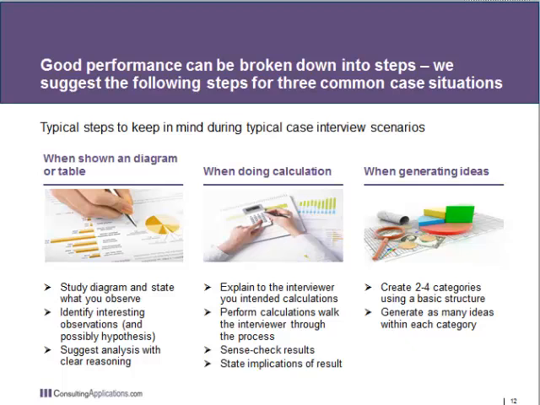If you're given a diagram or a table, the first thing you want to do is to study the diagram and then state what you observe. So literally say, okay, it seems that customers are getting more and more unhappy over the last 2 or 3 years based on this data.